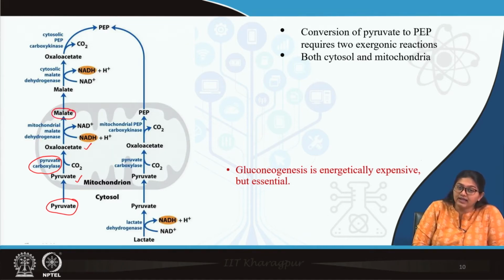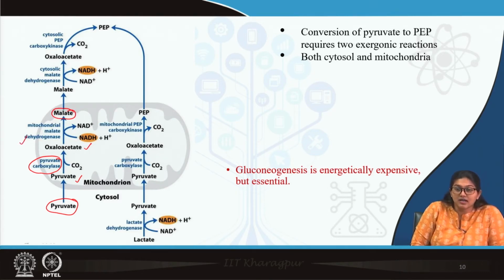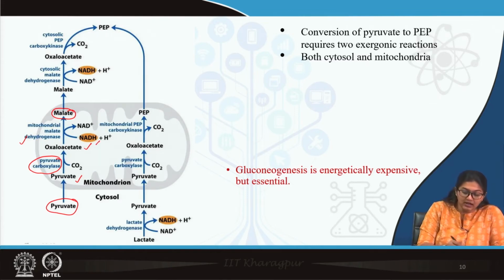With the help of the enzyme malate dehydrogenase, the mitochondrial isoform of malate dehydrogenase present here, one molecule of NADH is used and NAD is formed.